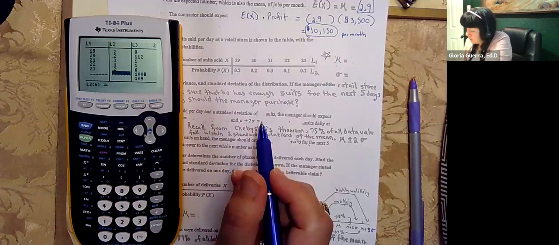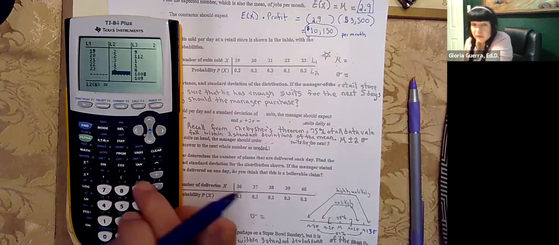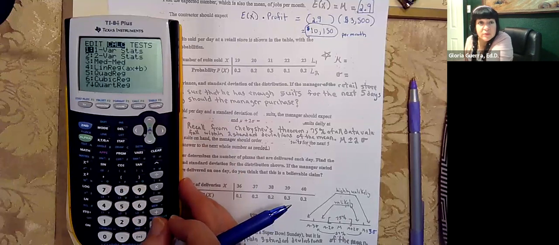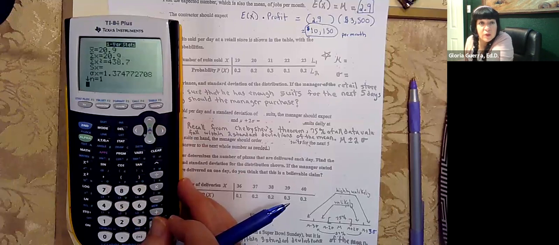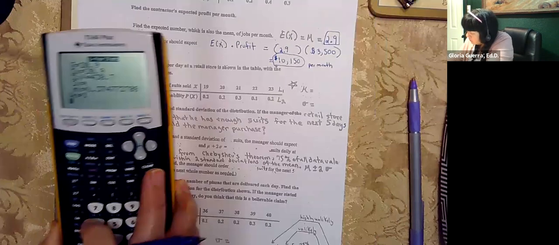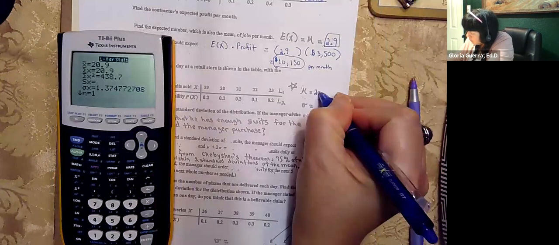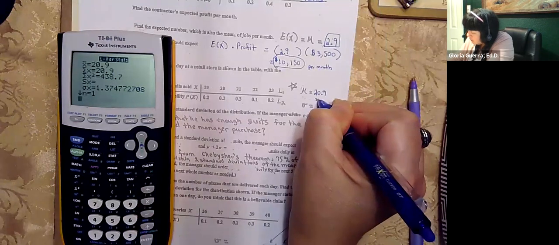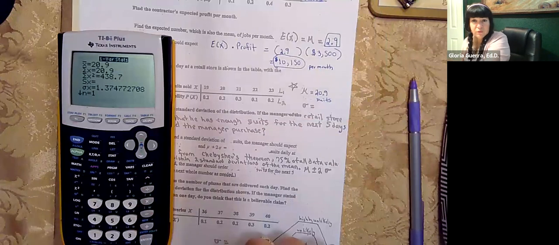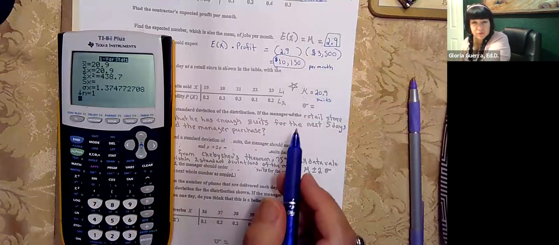Stat, calculate, one variable stats, L1, L2, calculate. It looks like it's 20.9. So the mean is 20.9, and these are suits. This is not really a measurement of length or units, but I'm just going to put suits.